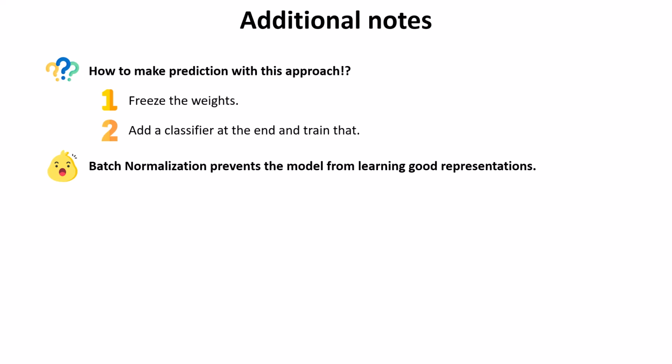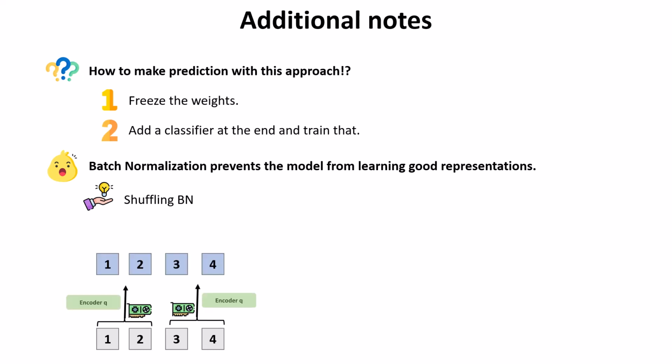So just to solve this issue, they propose shuffling batch normalization. In shuffling batch normalization, when we have 4 images, we can use multiple GPUs. So for the query, image 1 and 2 go to a GPU and it predicts something. And image 3 and 4 go to another GPU and it predicts something. And the batch statistics from GPU 1 and GPU 2 are different for sure. So when we look at the output, the first image and the second image are sharing some batch statistics, and the third image and fourth image are sharing different batch statistics.